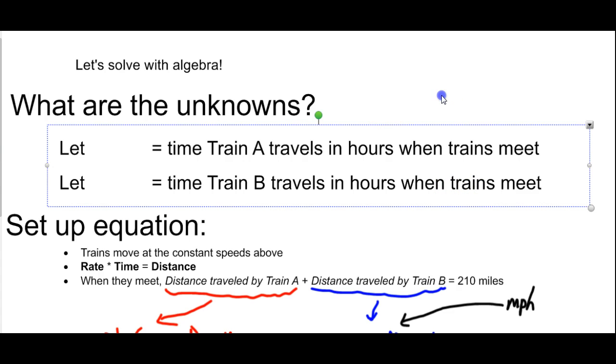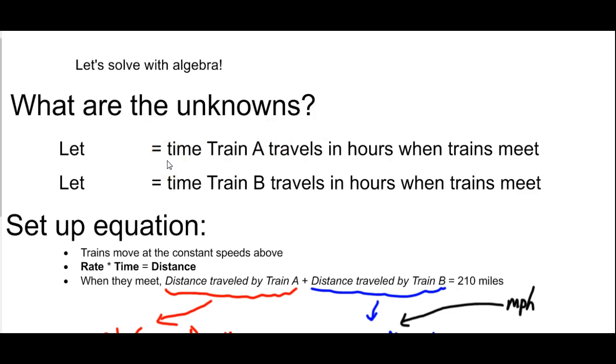Okay, so what do we do when we have an unknown? We create what's called a variable. So we could use any letter. Let's just use T for time. Let T equal the time train A travels in hours when the trains meet.